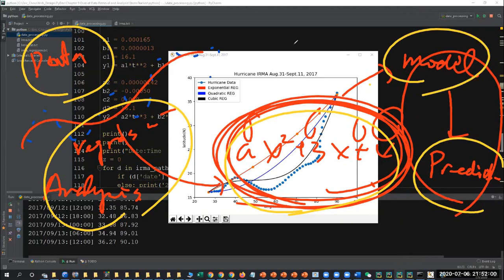AP Computer Science Principles only teaches you this. As for how to do regression, you don't need to know yet. We show you here so you can study, but in fact, the exam doesn't need you to do that.